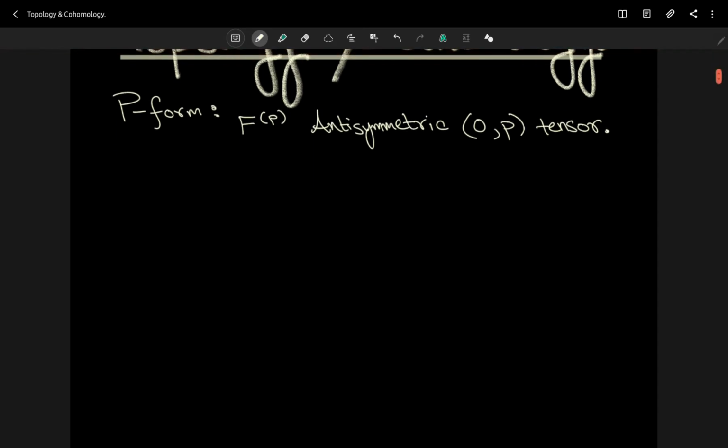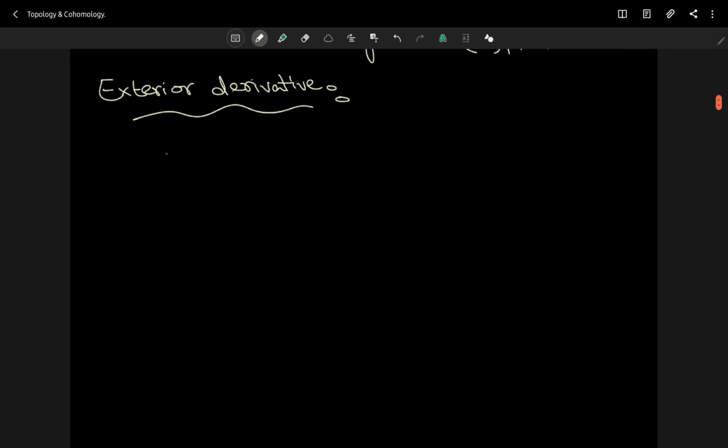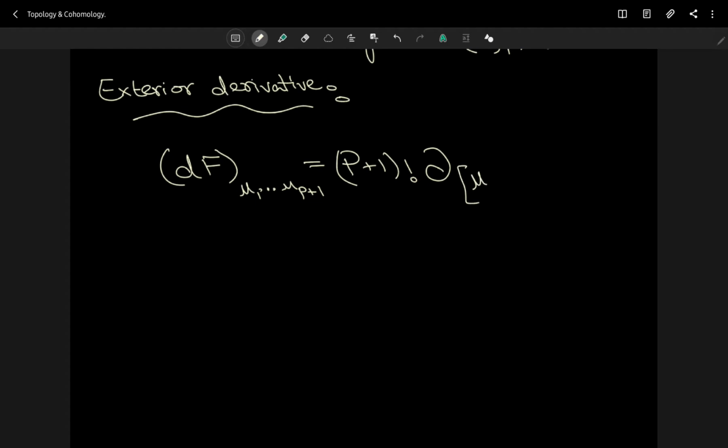And the exterior derivative, let me write it down, is defined as this expression over here: df of a P form, with indices mu 1 to mu P plus 1, is equal to P plus 1 factorial times partial mu 1 f mu 2 up to mu P plus 1.